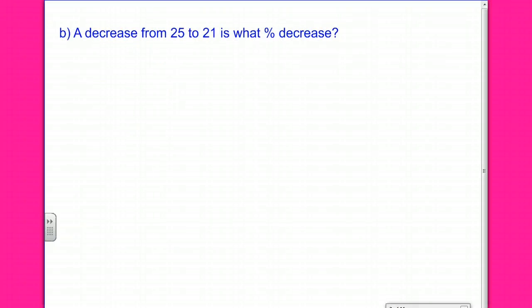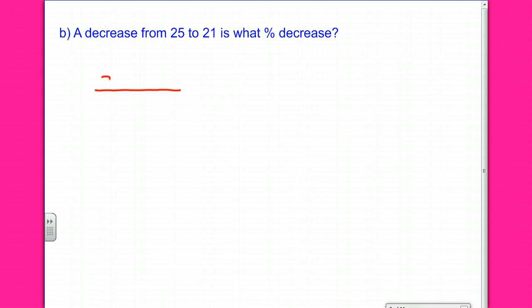So let's try this one. How about a decrease from 25 to 21 is what percent decrease? Please jot this little question down and see if you can write the proportion. So the tricky thing about our amount changed here is we said it was new, take away old. So what's the new number here, Audrey? 21.